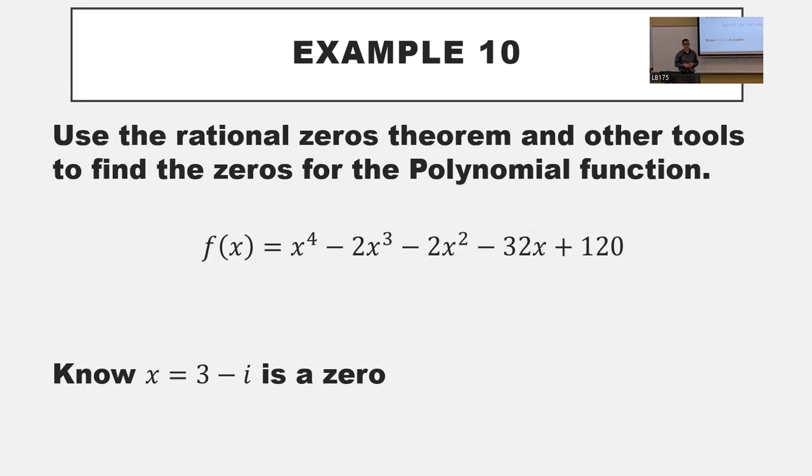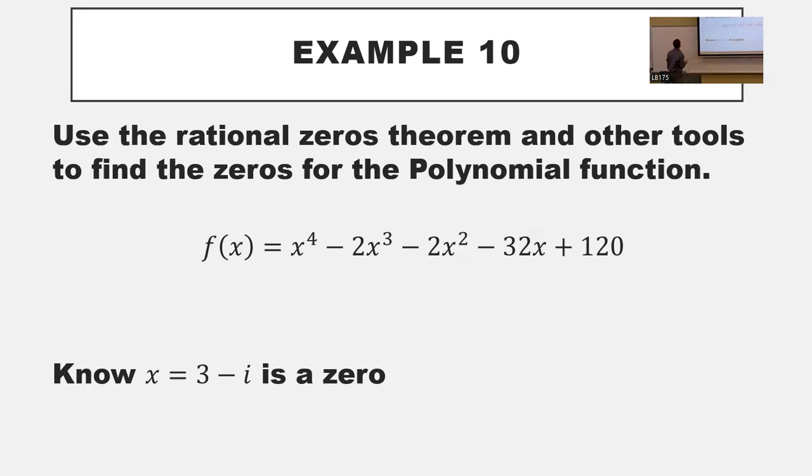1, 2, 3, 4, 5, 6, 8. Lots and lots of factors of 120. Okay. So I might not want to use the rational zeros theorem here if I know this other piece of information. So plugging in all those different factors of 120 could get cumbersome.